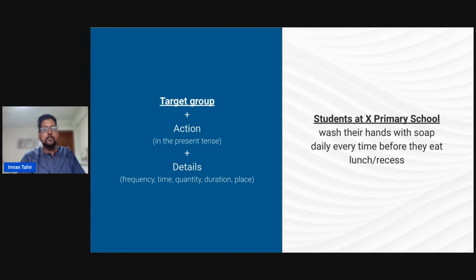You can't just say, I want all the students at this school to be washing their hands regularly. That is a behavior statement, but it's not an effective behavior statement. An effective behavior statement explains detail as much as possible.